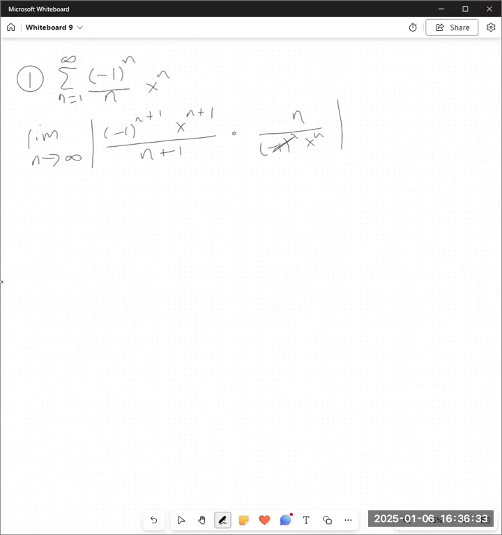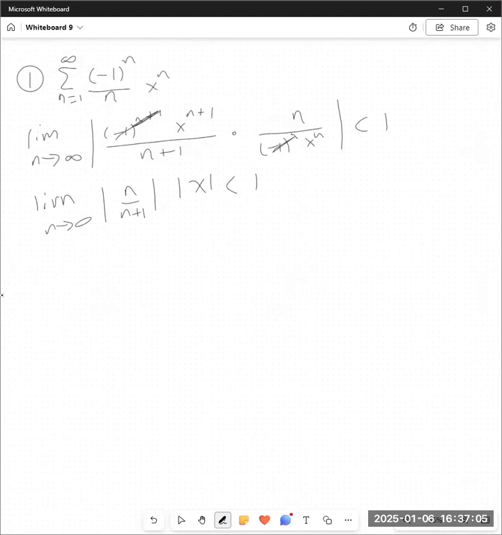Now the (-1)^n and the (-1)^(n+1) don't matter because I'm taking the absolute value, so the sign changers are just going to go away. So I only need the limit on the part that contains the n's, n over n plus 1, and then absolute value bars around x^(n+1) divided by x^n, which is just x. This all needs to be less than 1 for convergence.